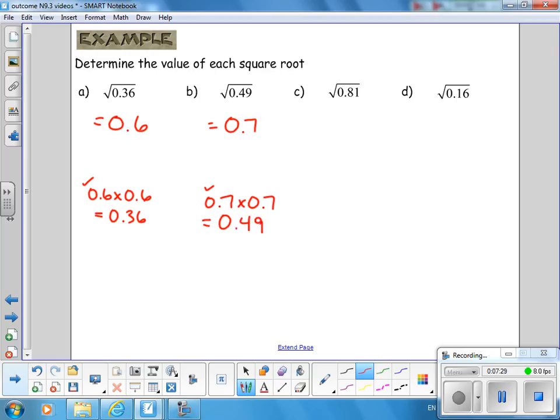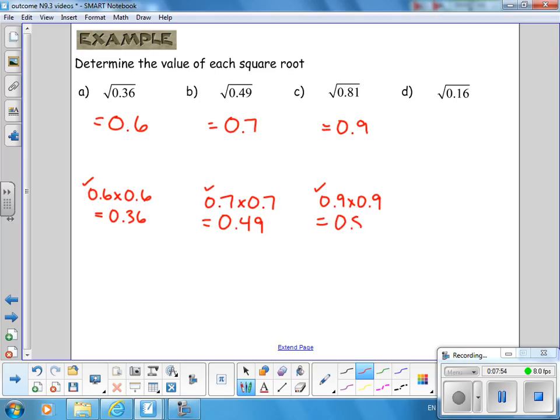0.81. Can you think of a number that multiplies by itself to give you 0.81? If you think of what you know in the whole numbers, 9 times 9 is 81. So 0.9 times 0.9 gives us 0.81. And again, use your calculator if you are unsure of that, and find the square root of 0.81.